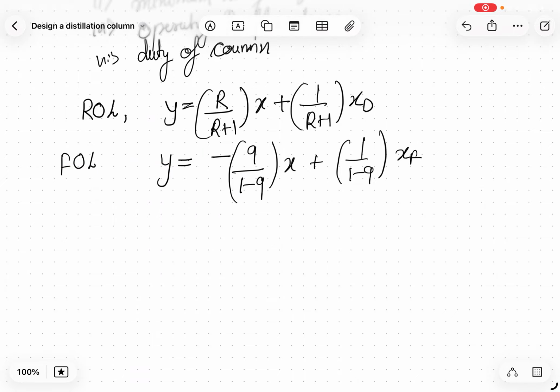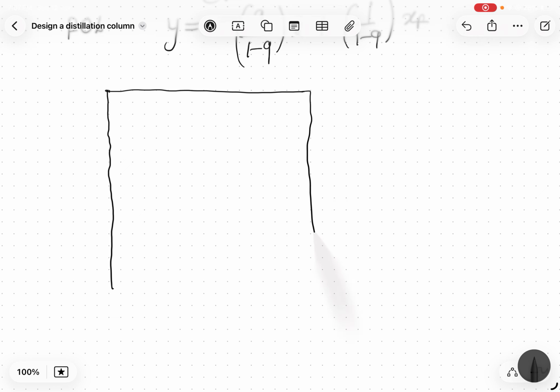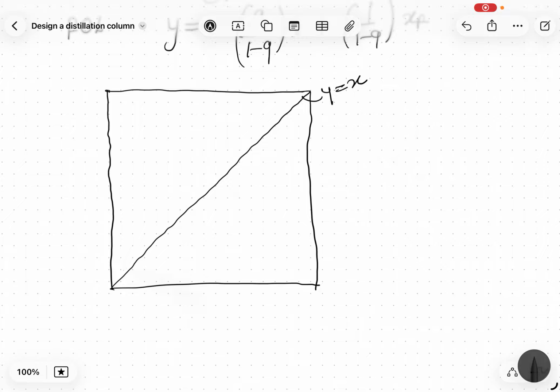Now the other information that is given to us is the equilibrium diagram. I am drawing the equilibrium diagram. So this is my y equal to x line.